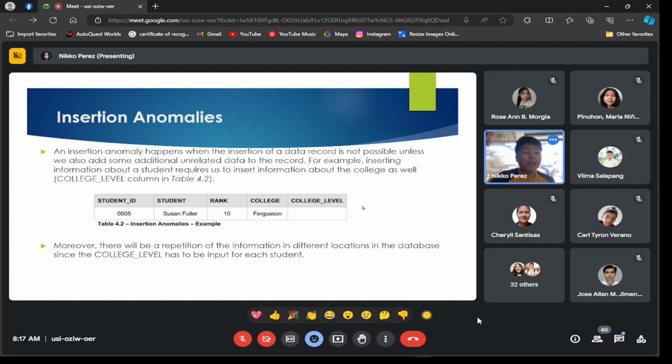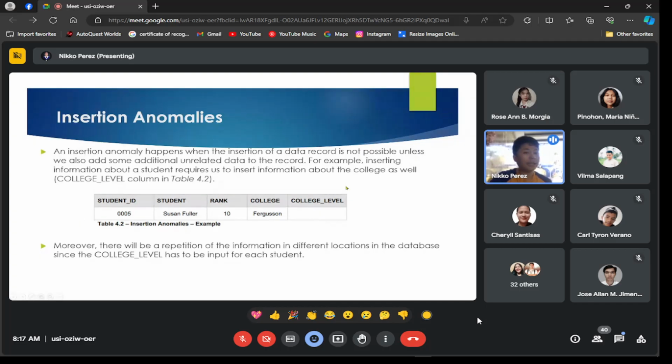Let's read. An insertion anomaly happens when the insertion of a data record is not possible unless we also add some additional unrelated data to the record. We have an example here. For example, inserting information about the student requires us to insert information about the college as well. Try to observe our table here.